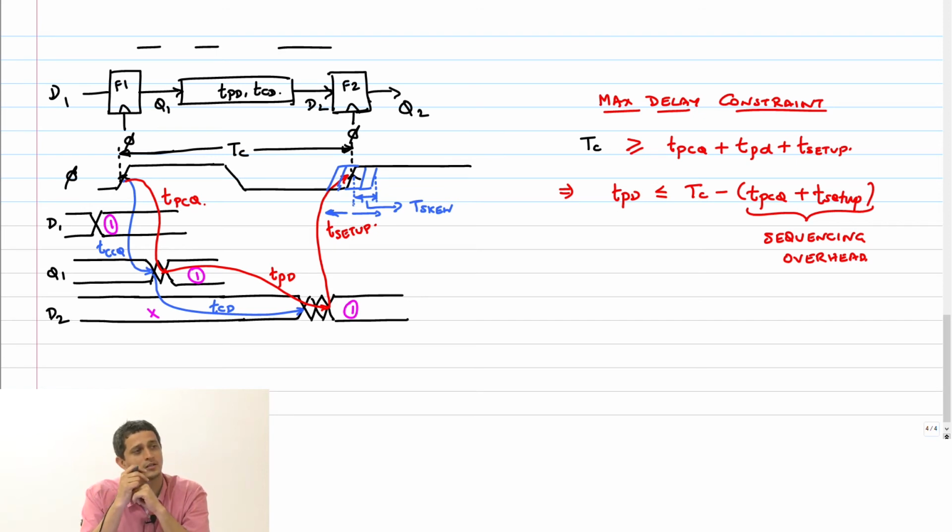Then what is the thing that gets altered in this diagram? T setup becomes with respect to what? The skewed clock, right? So with clock skew, this has to be T setup.